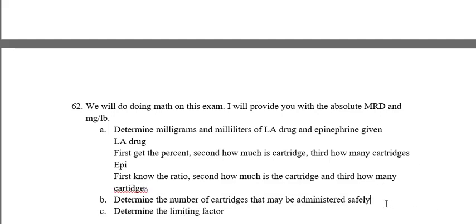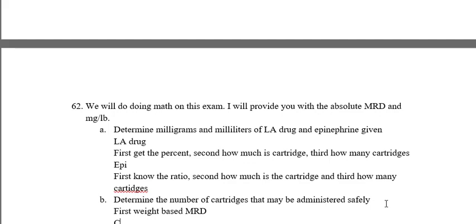Okay, now determine the number of cartridges that may be administered safely. The first thing you're going to do is figure out the weight-based first. I'll have this on the board. First, you need a calculator. First, weight-based MRD.